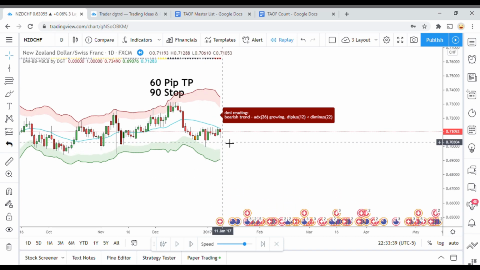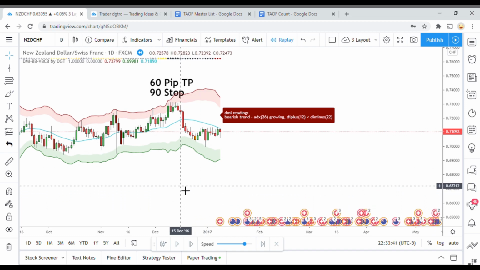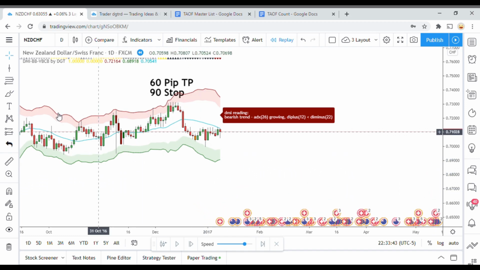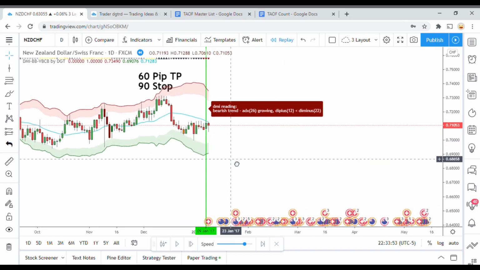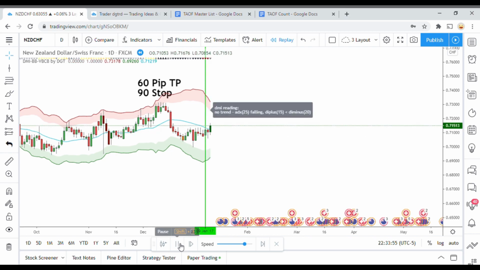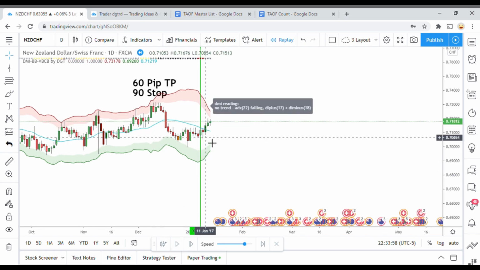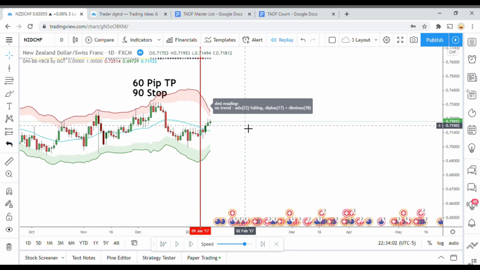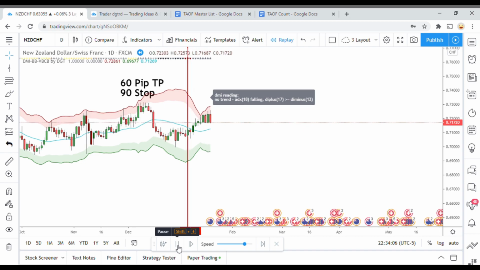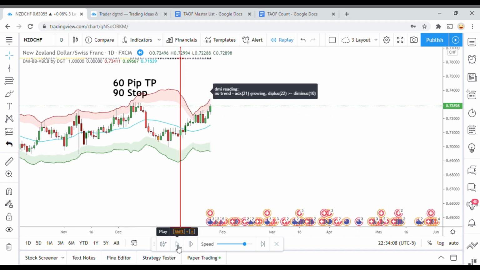Currently, it says it is in a bearish trend, and so we should be going short, and that is how we are going to look at it now. Let's go ahead and mark off this area, and then we'll play it forward and see what happens. Unfortunately, looks like that ends up being a losing trade, and then we'll go ahead and continue forth here.